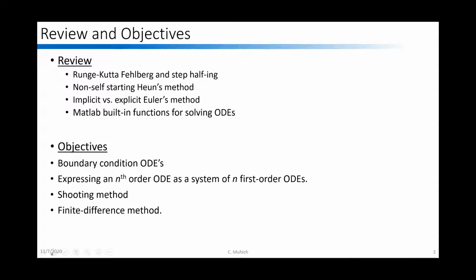So we had to use things like Runge-Kutta-Fehlberg or non-self-starting Heun's method, or maybe even an implicit Euler's method. A lot of those same ideas we're going to build on, and we're going to really use some of these approaches to solve boundary value problems, but we're going to mix some new information, new techniques in too.